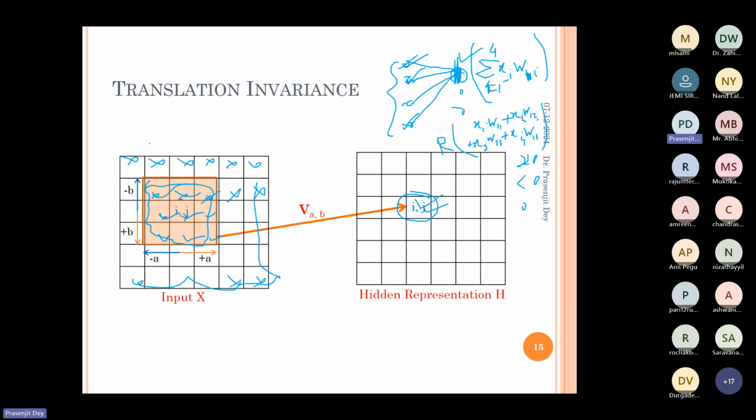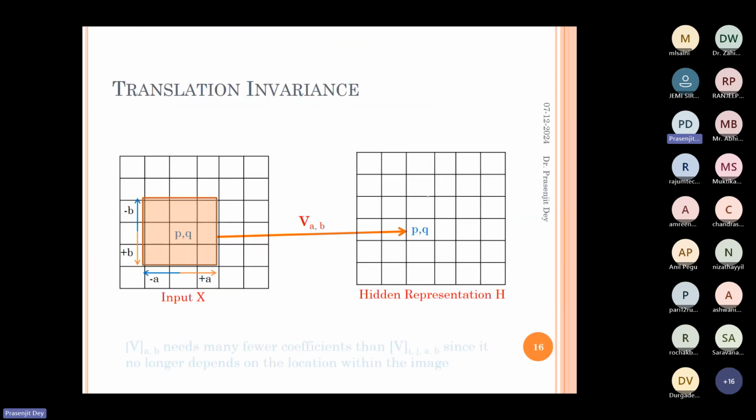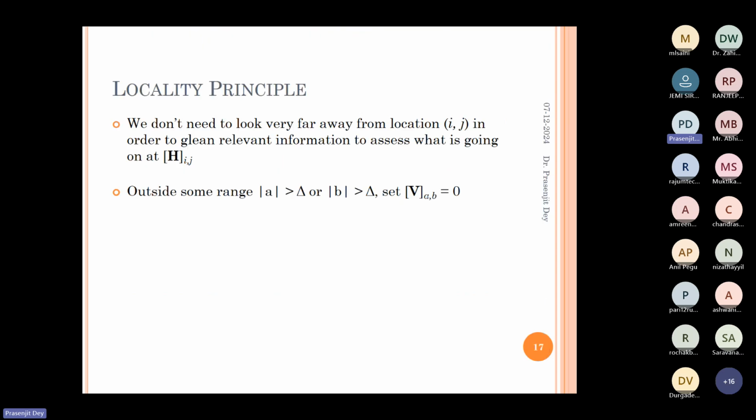So we are not considering all the input nodes or features or neurons for the computation of the hidden node. That is another advantage of convolution neural network with respect to multilayer perceptron, which we discussed while discussing the locality principle. We consider only the neighborhood and discard those pixels outside this neighborhood delta.